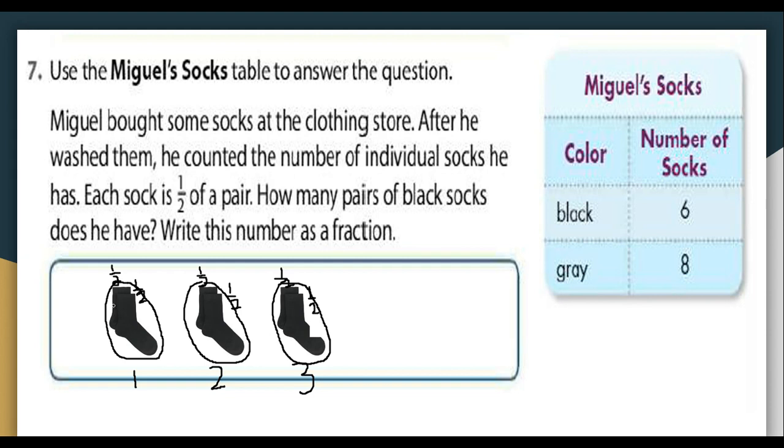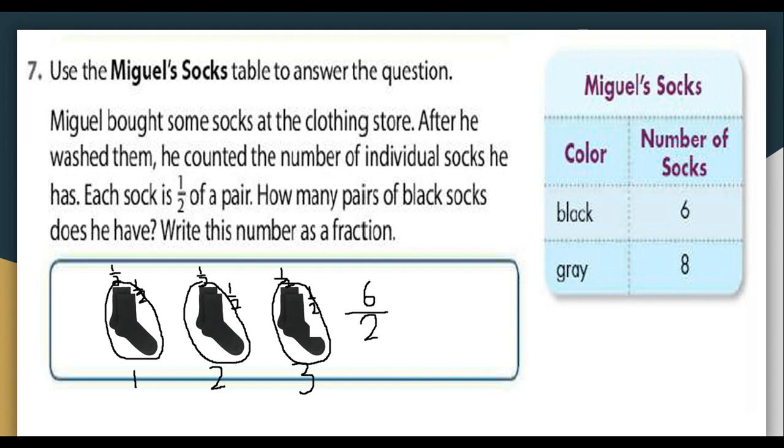So we have 1, 2, 3, 4, 5, 6. So the numerator will be 6. And our denominator, because we split them into halves, would be 2.